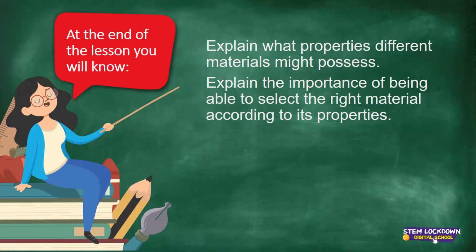Is the plastic flexible, does it stretch? Does the box have these specific properties? Then you'll be able to classify them as well. Those are the lesson objectives for today.